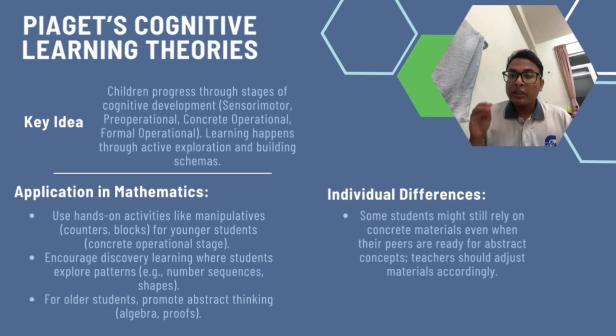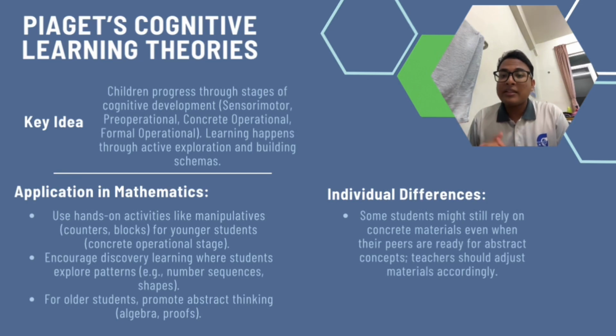And for a teacher, it is important to know about individual differences, which are the differences in how students learn. Some students might still rely on concrete materials even when their peers are ready for abstract concepts.